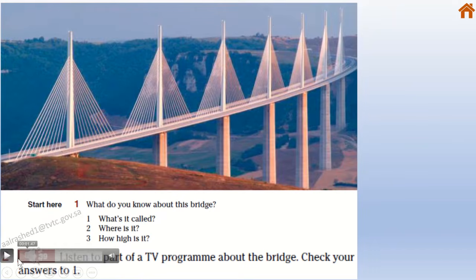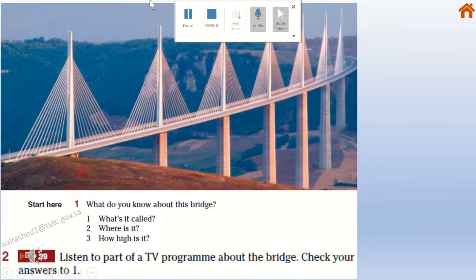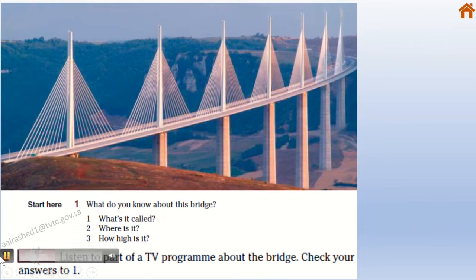In the listening that you hear, you should find the three answers to these questions: the name, the location, and the height. Okay, try to listen again.